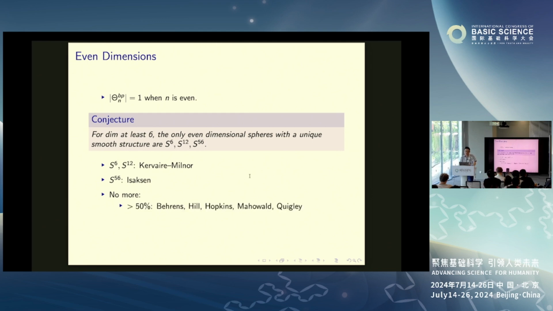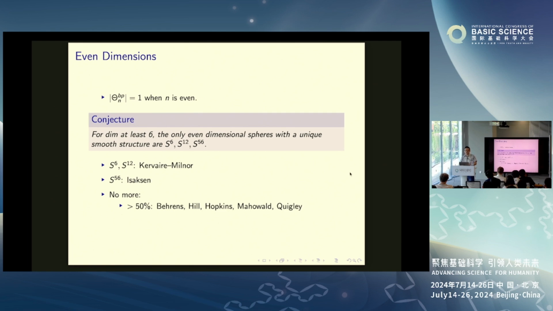More than 50% of all the even dimensions were ruled out by the work of Burklund, Hopkins, Hahn, and Quigley using something called chromatic homotopy theory. Chromatic homotopy theory is a subject that studies periodic phenomena in the stable homotopy groups of spheres, or in stable homotopy theory in general.